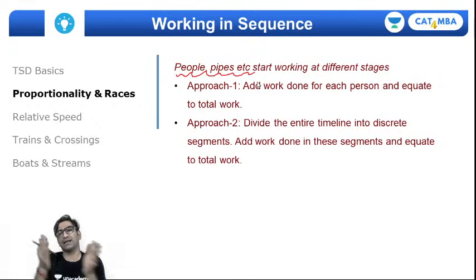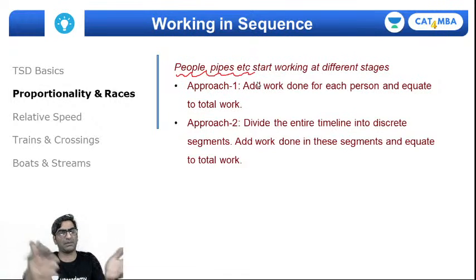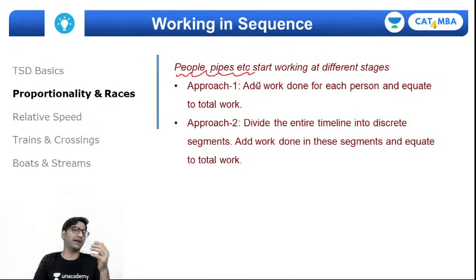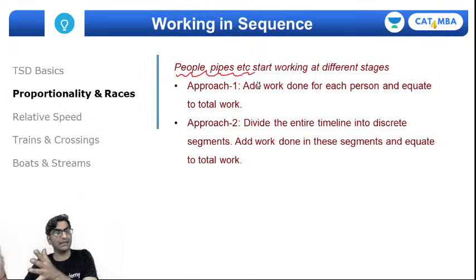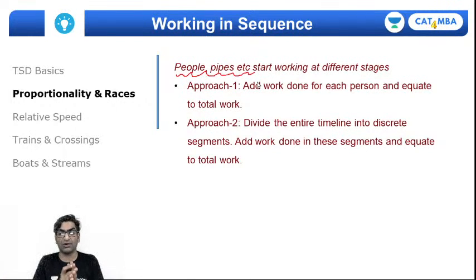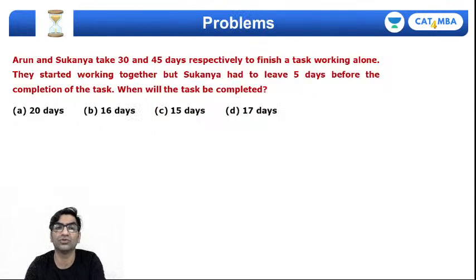You break it down into these segments, and you calculate work done in each segment as the rate in that segment, which depends on who's working, into time for that segment, right? You add all the segments together and equate it to the total work, and that equation can be solved to determine time. So usually when people work in a sequence, this is what you do.